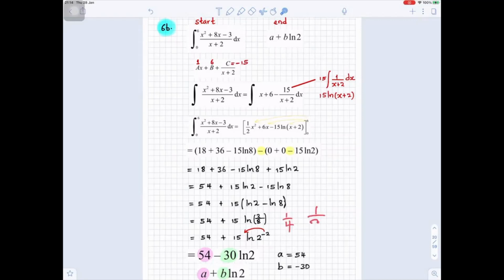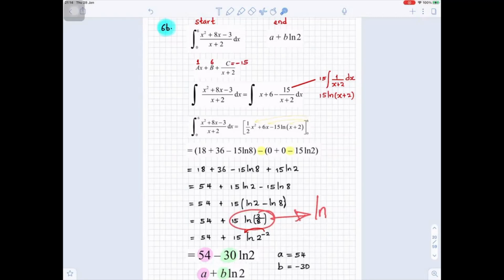And 1 over 4 is 1 over 2 squared, which is 2 to the minus 2. So the 2 to the minus 2 can come to the front. It becomes minus 2 times 15, which is minus 30. So it becomes 54 minus 30 ln 2. So A is 54, B is minus 30. Important part, this part here.